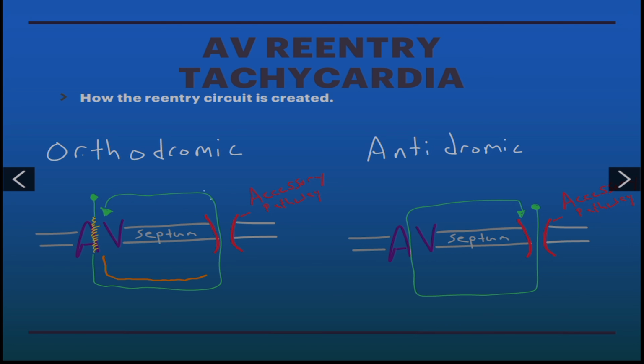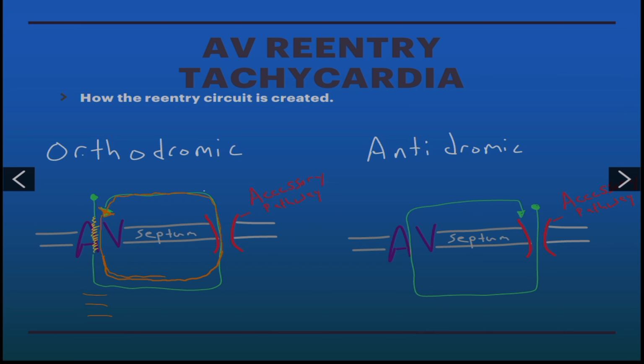And when it gets back around the ventricles or wherever the accessory pathway is, it shoots up the accessory pathway, comes right back around, and finds that this area of tissue is ready to receive another impulse, and the reentry circuit is born. Now, it's important to note with orthodromic reentry tachycardia, the AV node still has some control, right? So it can still block some of those impulses and exert some of its control on the heart rate and the width of the QRS complex in this case.